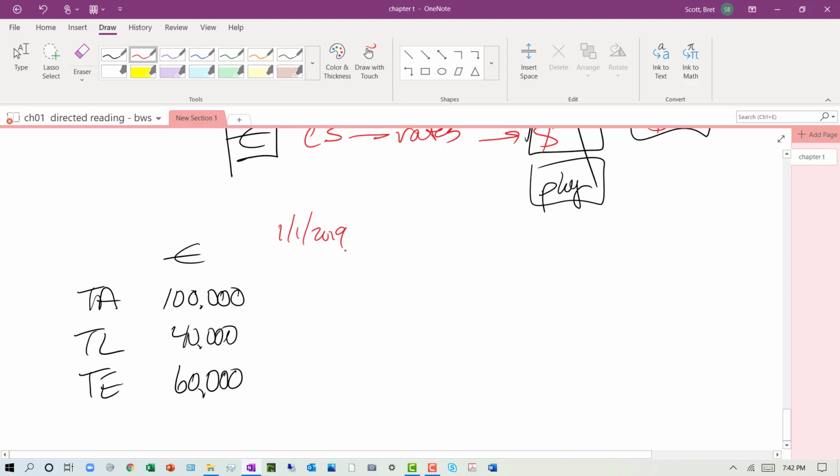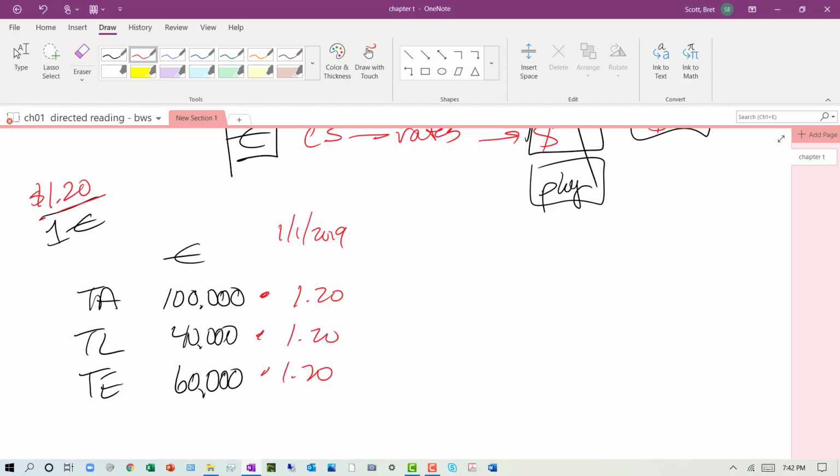Say the exchange rate is a direct quote of $1.20 per 1 euro. How do I get 100,000 euros into US dollars? Well, the euro is the denominator, so 1 euro equals $1.20 US. With a direct quote, all I need to do is multiply everything by 1.20, and that gets me US dollars.